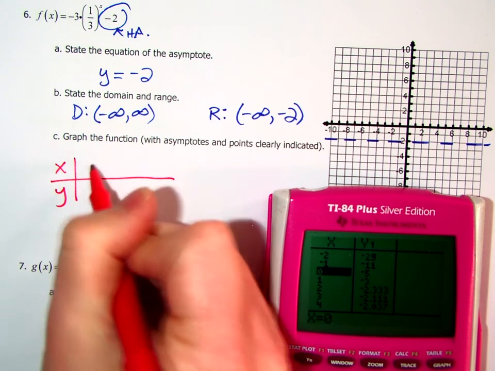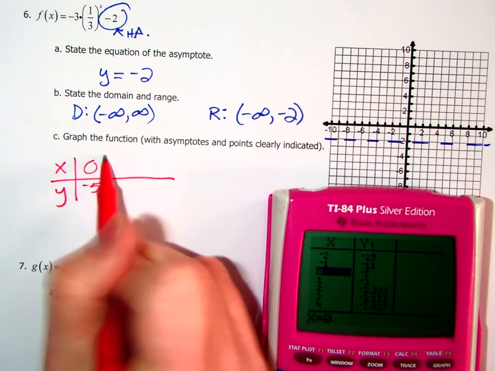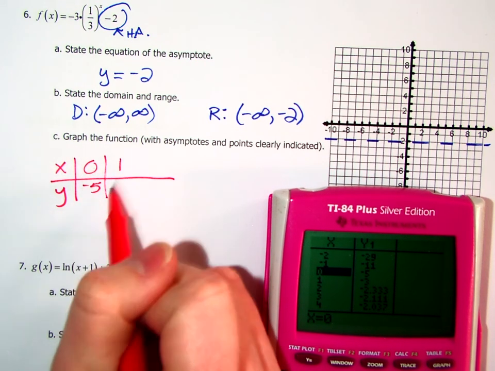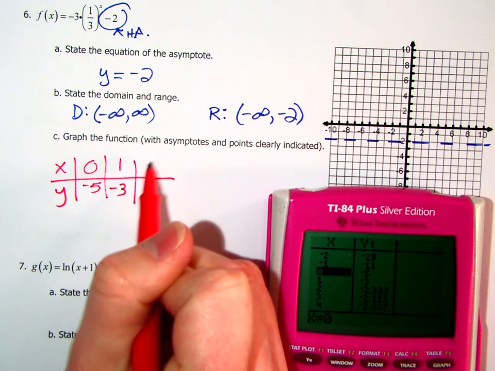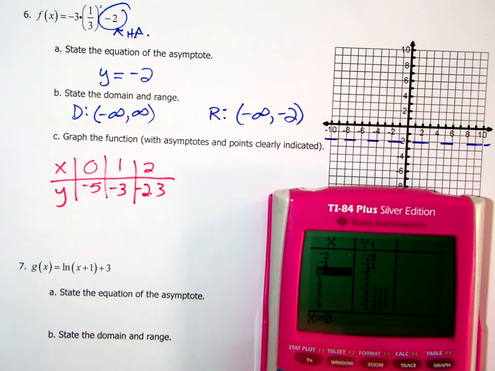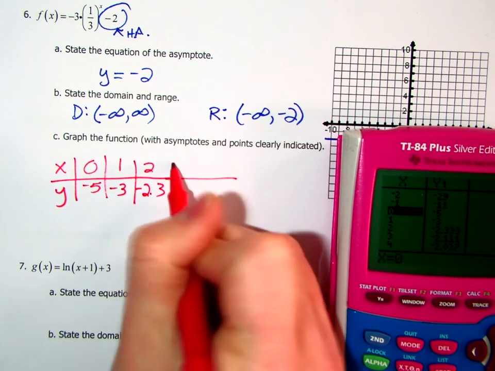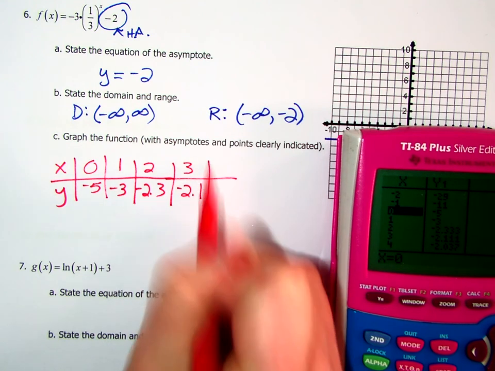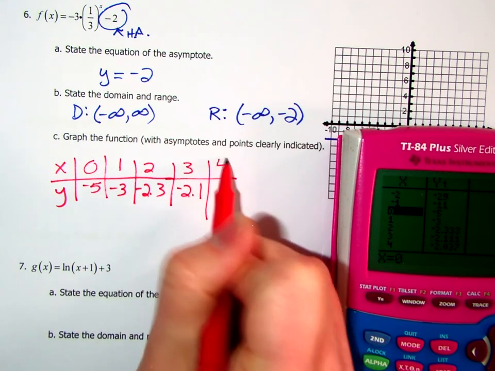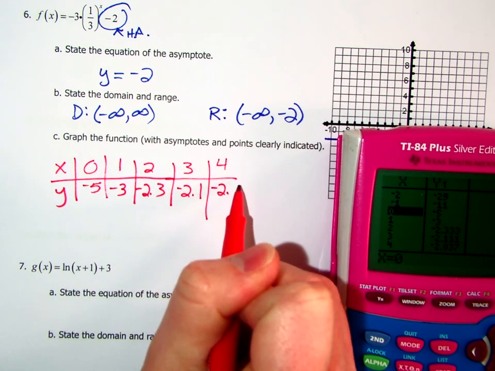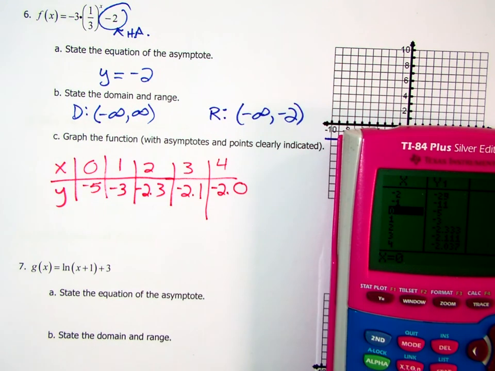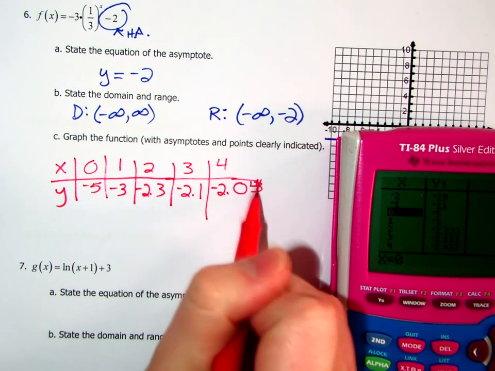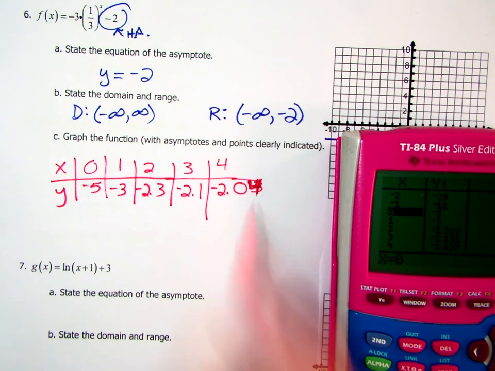So the first one that I'll write down is 0, -5, 1, -3, 2, -2.3, 3, -2.1, 4, -2.0. Well, it's -2.03, right? Because it's never going to be exactly -2. And if I round that appropriately, it'd be -2.04. All right, so it's going to get close to -2, but never touch it.